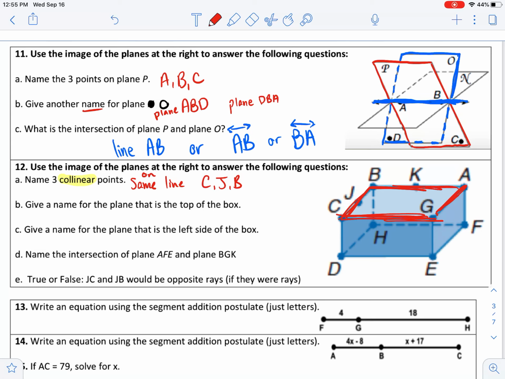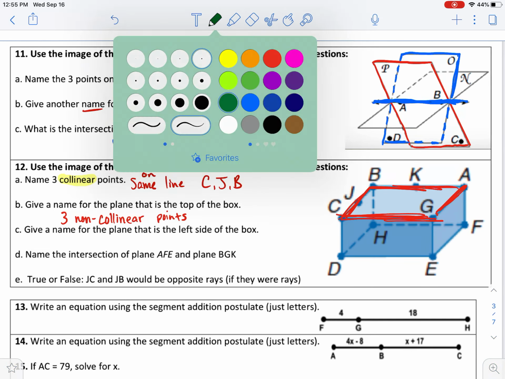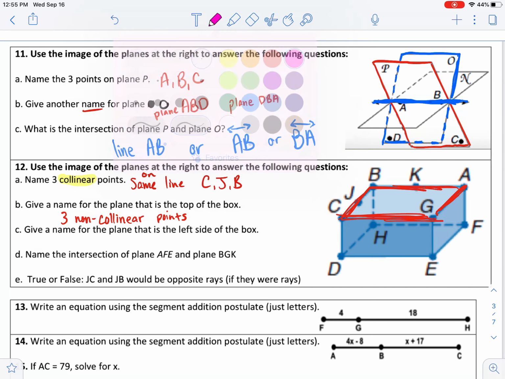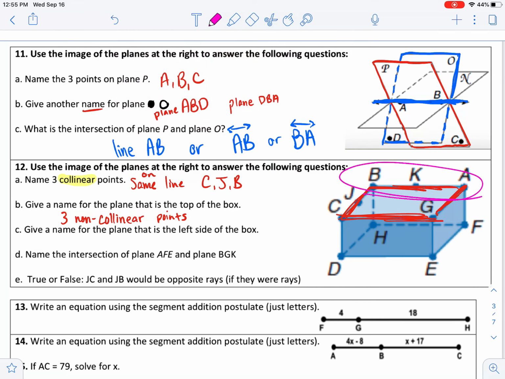Like we said earlier, I need 3 non-collinear points, which means not on the same line. Which means I can't use C, J, and B. Those are on the same line. So C, J, and B, that's not going to work. Well, neither would B, K, and A.